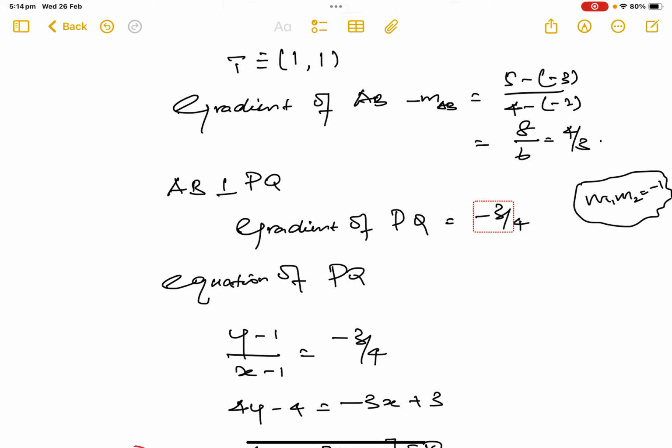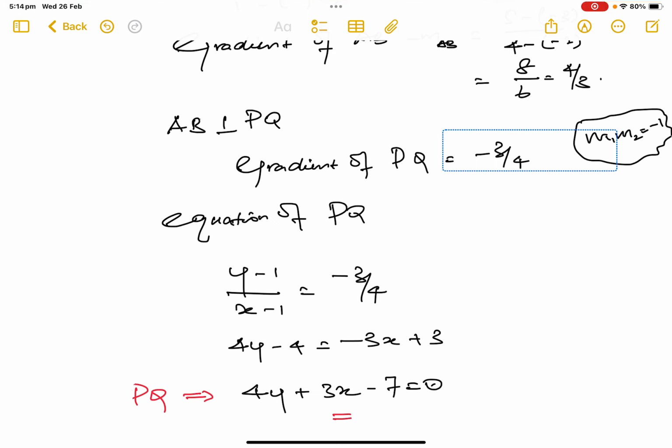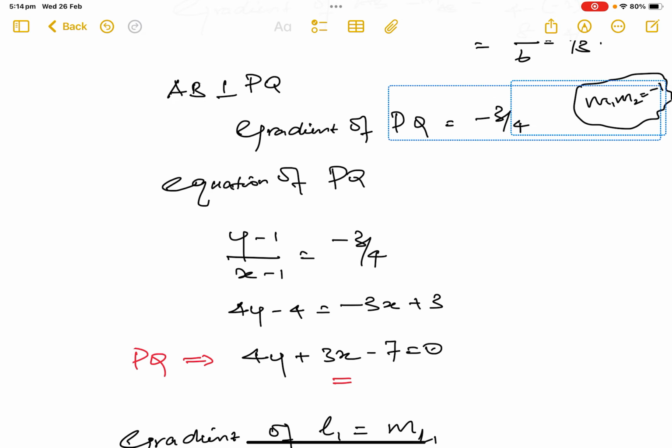So the gradient of PQ we have found is -3 over 4. But we also know a point on PQ, because T is on PQ. We know this gradient and a point on that line, therefore it is easy to find the equation of the line. So (y minus 1) over (x minus 1) equals -3 over 4, since that is the gradient.